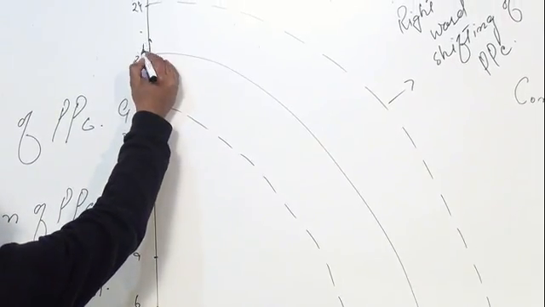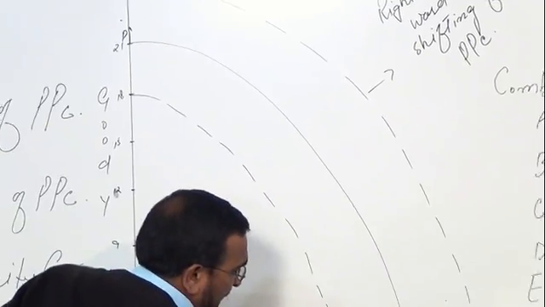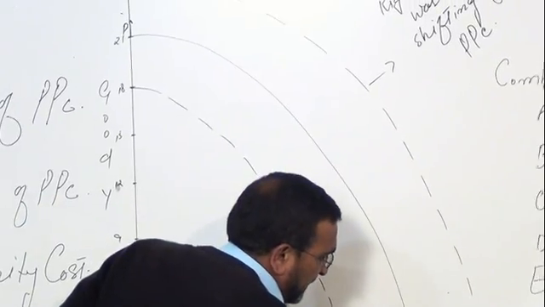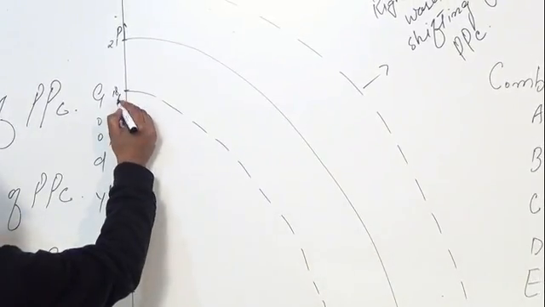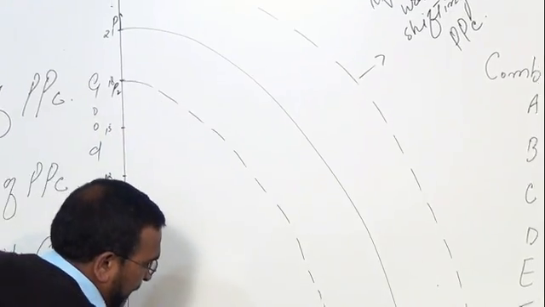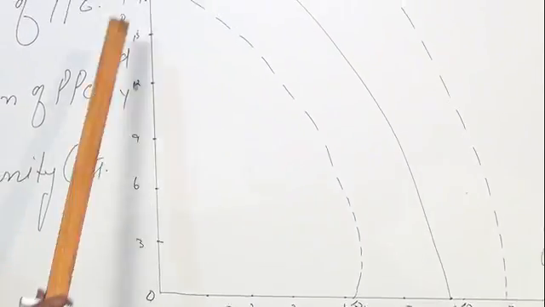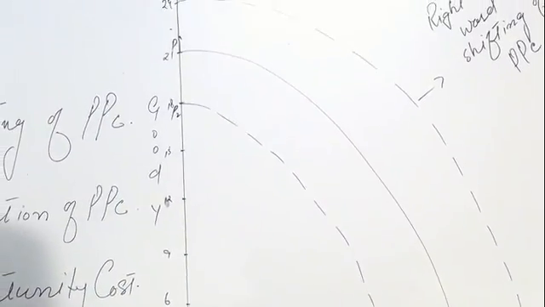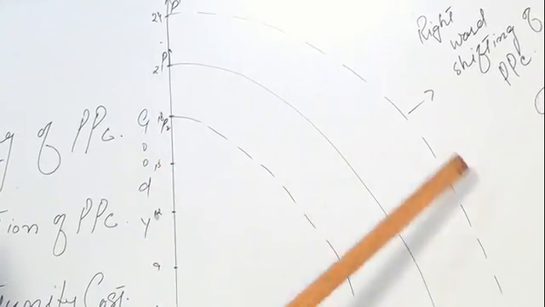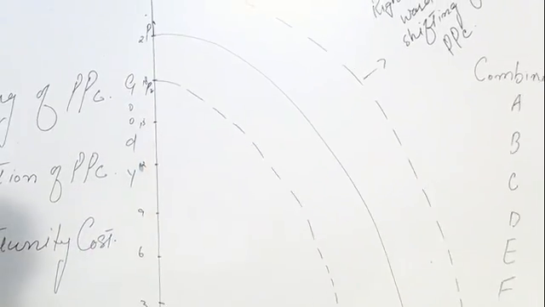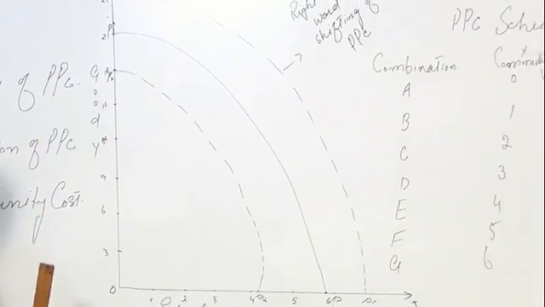Say this is P and P, this is P1, and this is P2 and P2. Now we have three production possibility curves. This is the original production possibility curve. This is the rightward shifting of the production possibility curve. This is the leftward shifting of the production possibility curve.